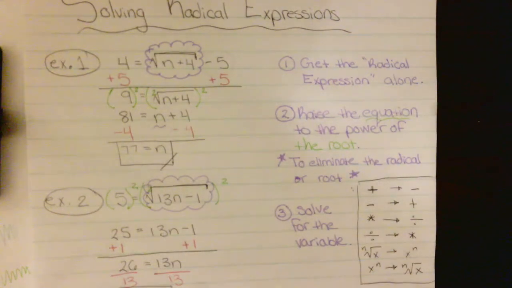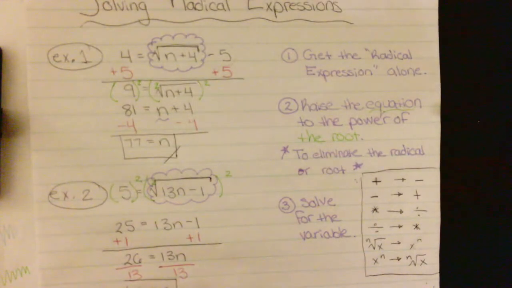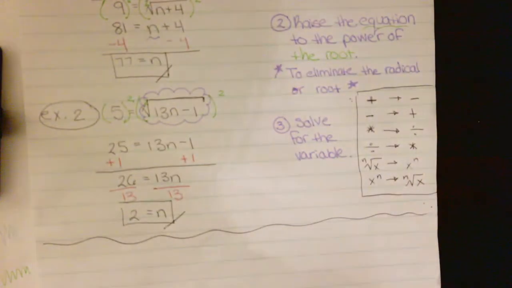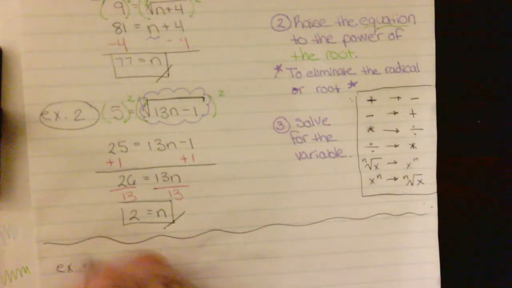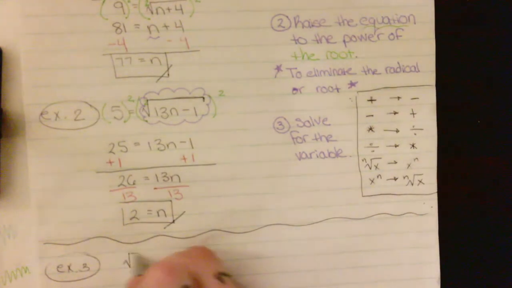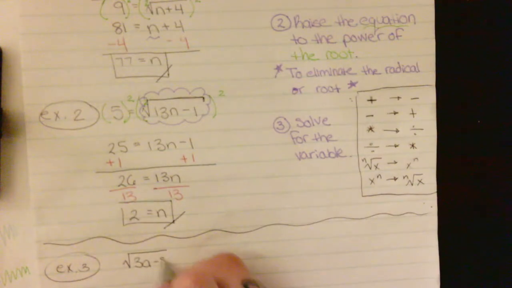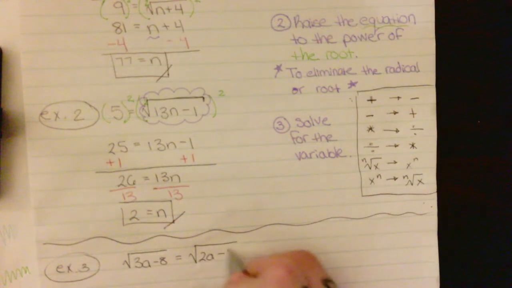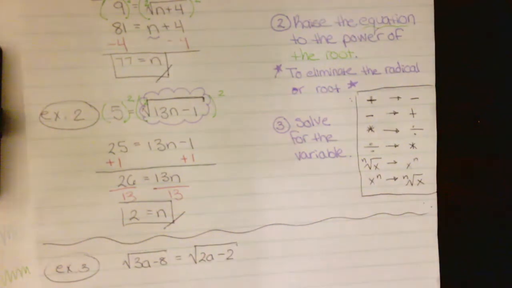Okay, so we can have a couple types of these. Let's do a different type. Let's say, for example 3, we have 2 radical expressions: the square root of 3a minus 8 equals the square root of 2a minus 2. If the square root of this equals the square root of this, then really this radicand just has to equal this radicand.